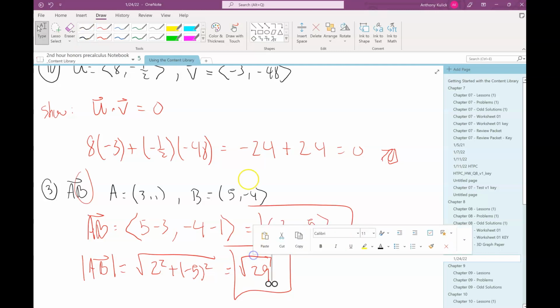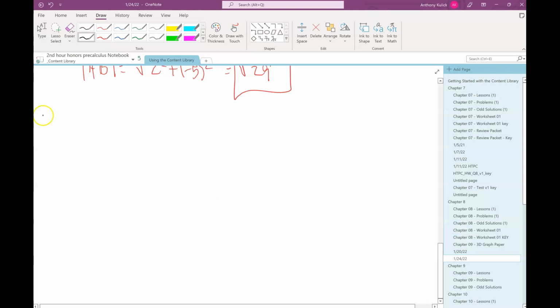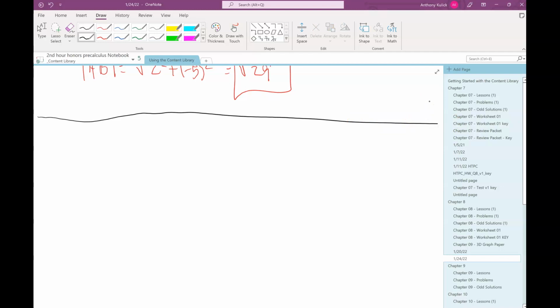Let's move on forward. So here in section 8.3, we're going to be looking at applications.